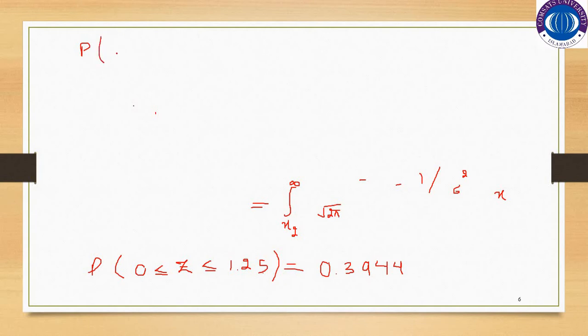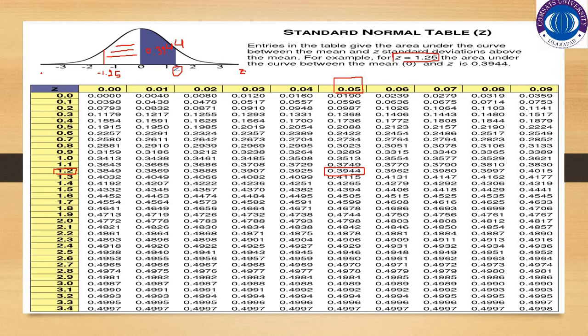This will be probability minus 1.25 less than z less than 0, as z is the random variable and it goes from minus infinity to plus infinity. So this one is the starting point, and what will be the probability, or the area, between these 2 points?